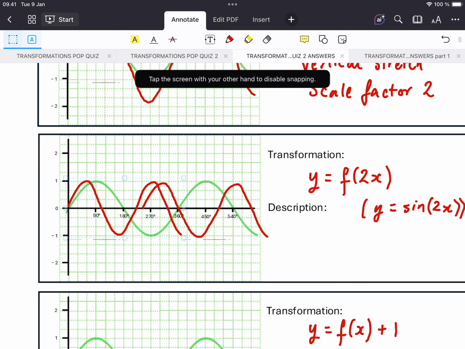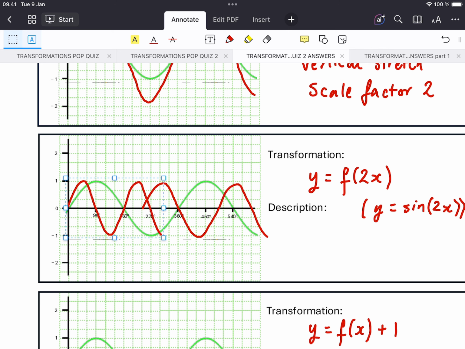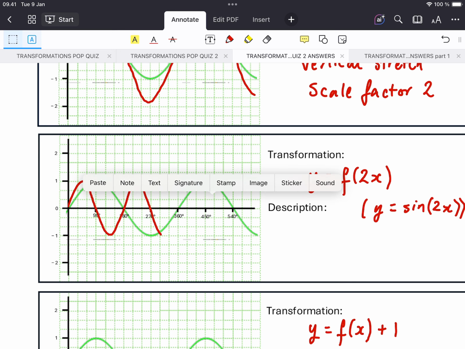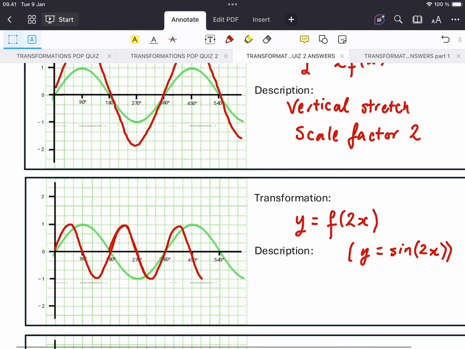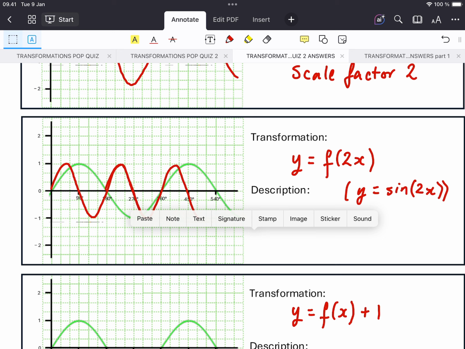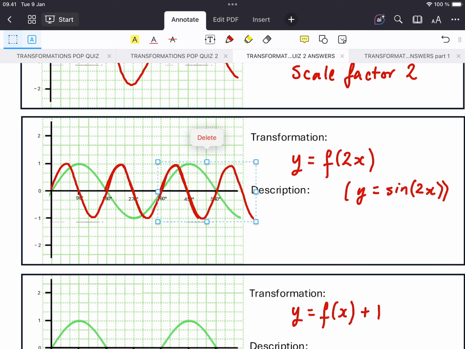There it goes, 180 degrees. Just get rid of that one, and then copy and paste that one. There we go. Yeah, so you get the idea of that.